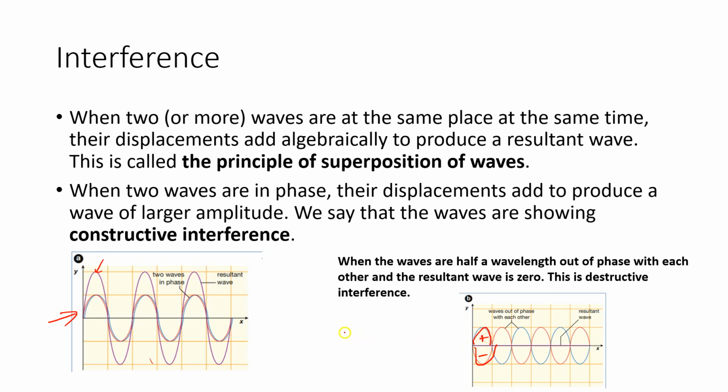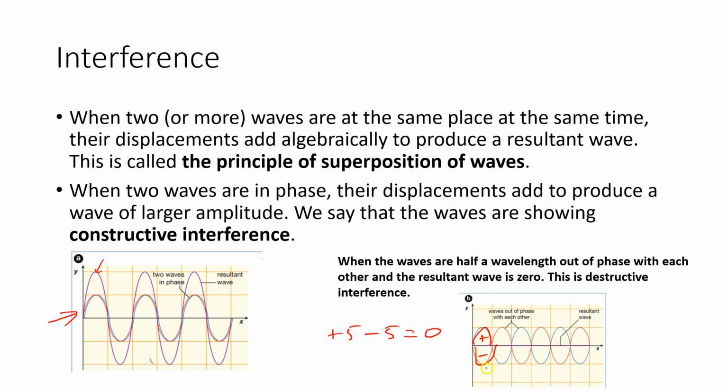We know in mathematics if you have positive 5 and negative 5, then it's going to go to 0. Hence this becomes destructive interference, because you have opposites coming together, and the result is 0.